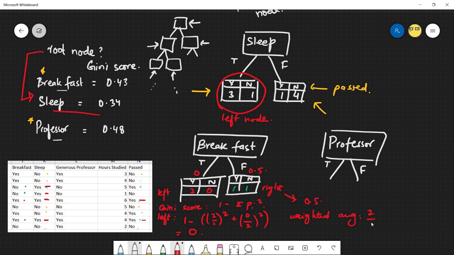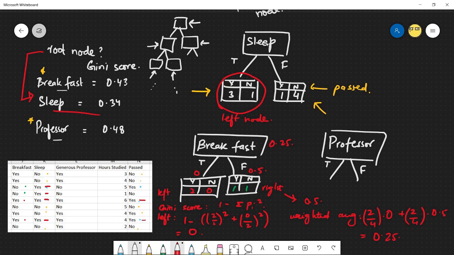So 2 over 4 times its Gini score, the left node is 0, plus 2 over 4 of the right node, and the Gini score is going to be 0.5 here, and you will get an overall weighted average for breakfast inside sleep to be true to be 0.25. So the Gini score here is 0.25. Now, the overall weighted average Gini score for professor needs to beat this 0.25 score to be able to then get slotted over here.